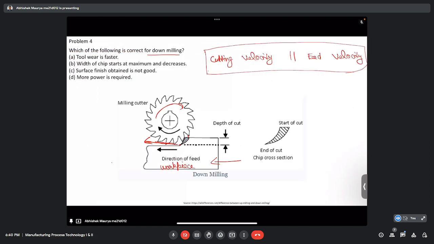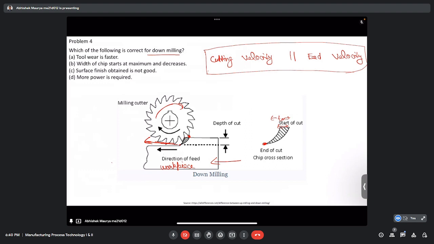Where the tooth is engaging, there we are getting the maximum chip thickness, whereas where the tooth is leaving, we are getting the minimum or 0 chip thickness. At the same time, the cutting speed and the feed velocity are both in the same direction.